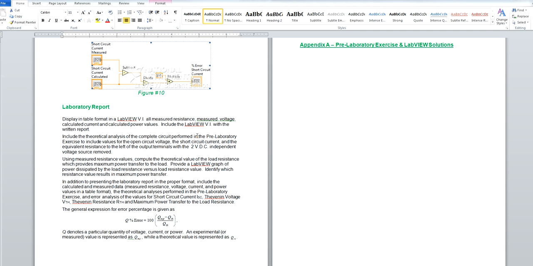Using the measured resistance values, we're going to compute the theoretical value of the load resistance which provides the maximum power transfer, which should agree with the pre-laboratory, around 3.9 kilo ohms. On top of that, we're going to provide a LabVIEW graph that provides a graphic display of where this maximum value actually occurs.